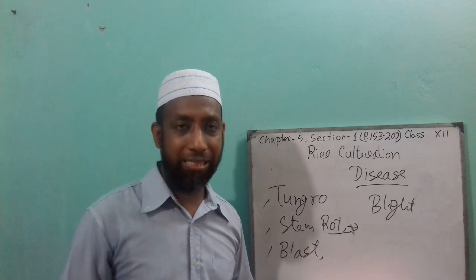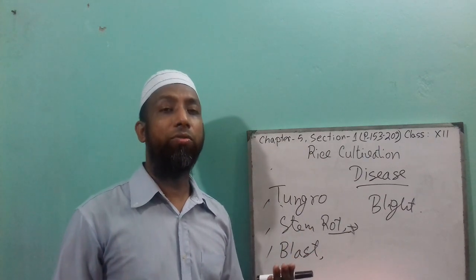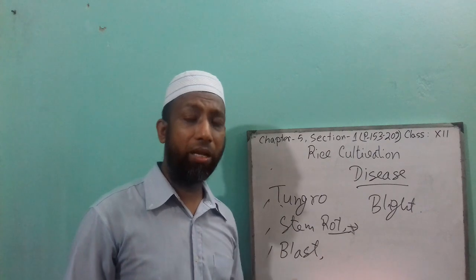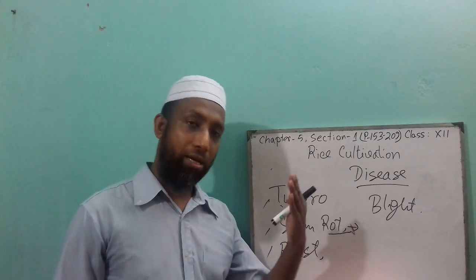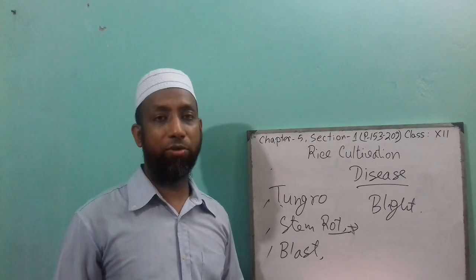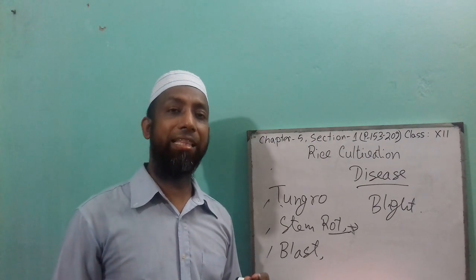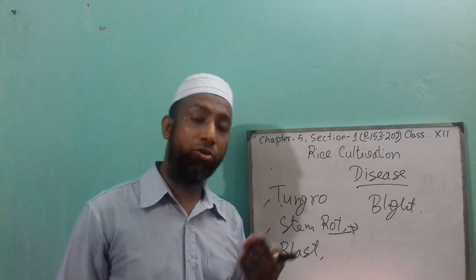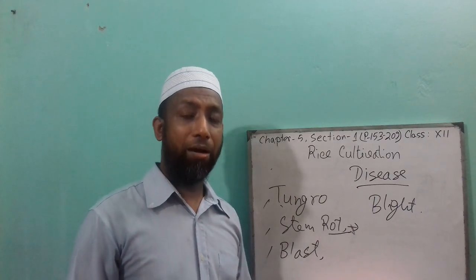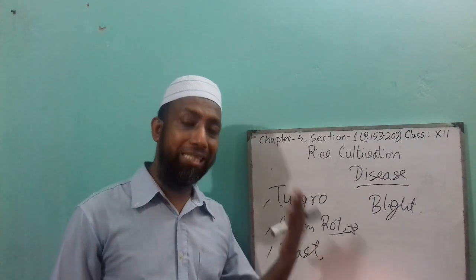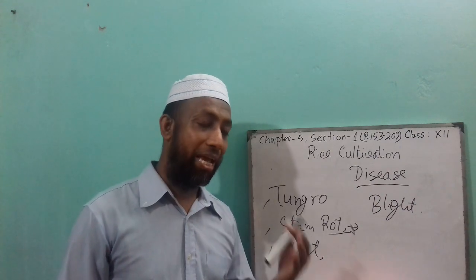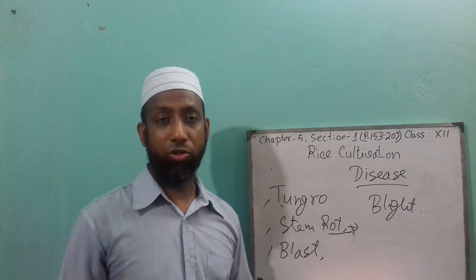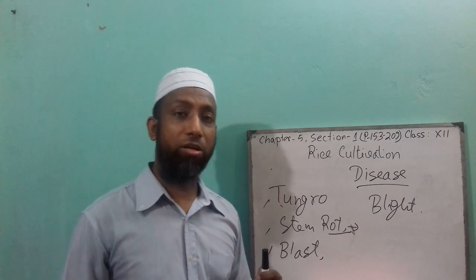Even for insects, if they give you a name like rice hispa, then you have to memorize the symptoms of attack and how to control the insects. So this is the example of MCQ and CQ questions. Thank you very much for today.